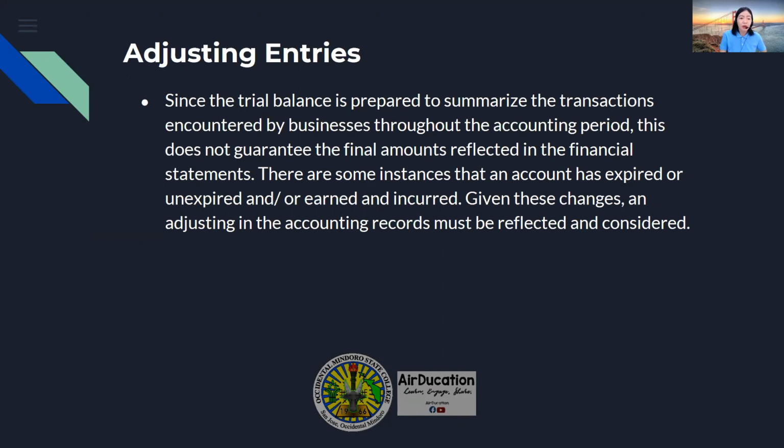That's why we record all necessary adjustments in our journal. Just like the journal entry, we will journalize the different adjusting entries that we possibly encounter at the end of the accounting period. Again, we are preparing adjusting entries at the end of every period.